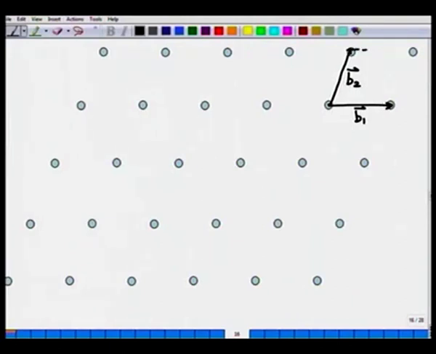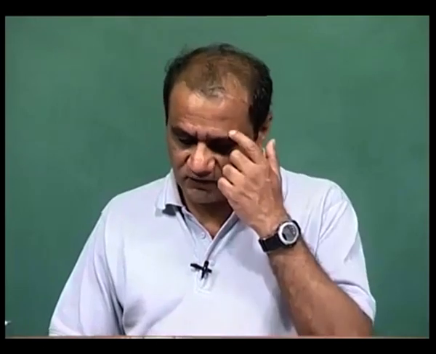They enclose an area, and this becomes our unit cell by defining B1 and B2. Remember, there is no unique choice of B1 and B2, you can use many. This is in reciprocal space, and repeating this unit cell would generate all the lattice points.